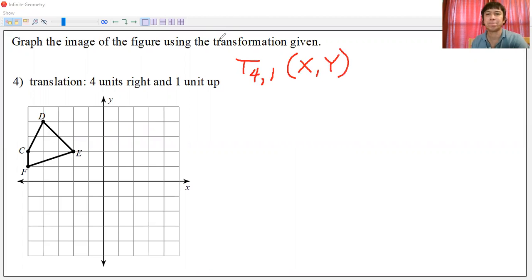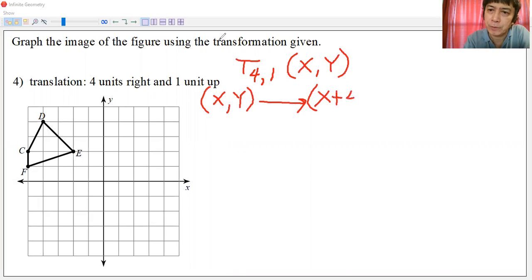We can write this rule in another way. (x, y) represents the original points, and the new computed x and y will be (x + 4, y + 1).